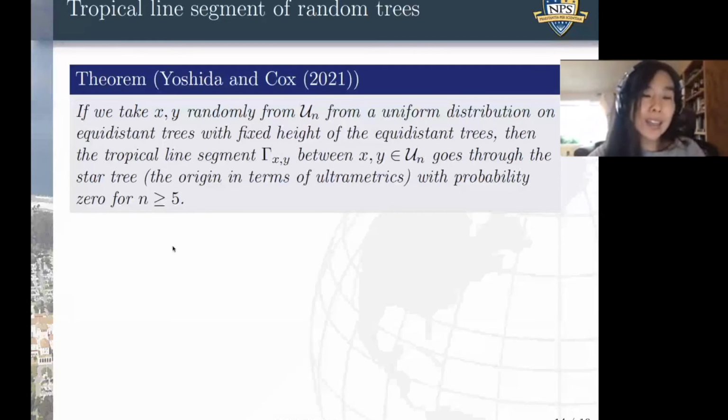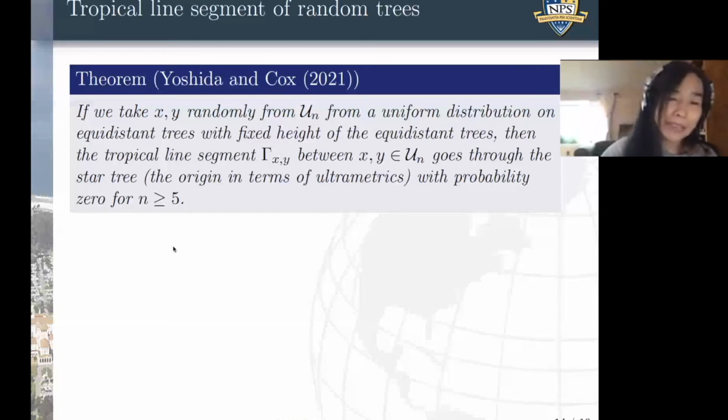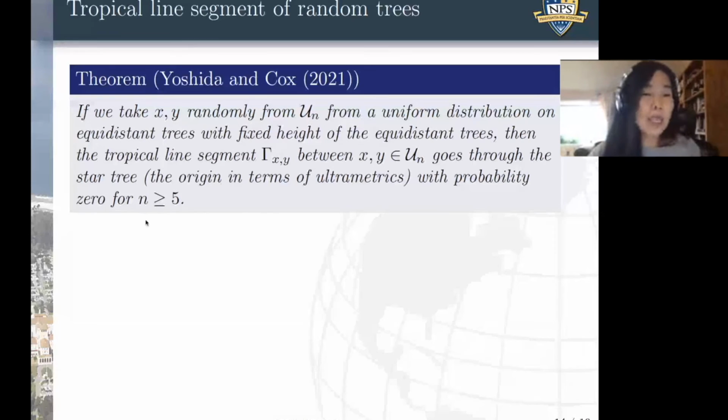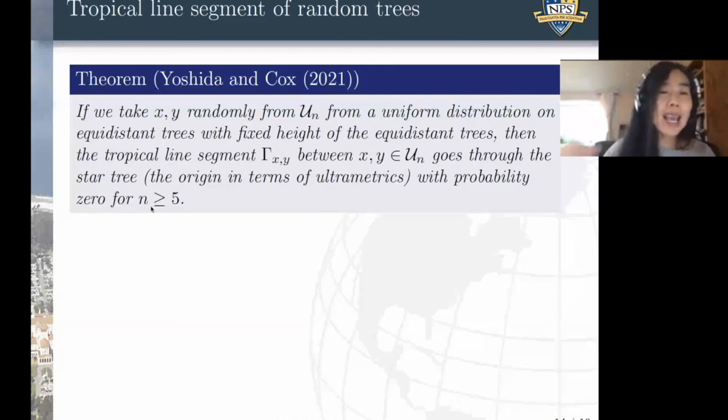For n equal to 3, that's too small a space. Here n is the number of leaves. Sorry, I forgot to say that. For n equals 3, the BHB metric and the tropical metric are basically isometric, which is why the statement is not true.